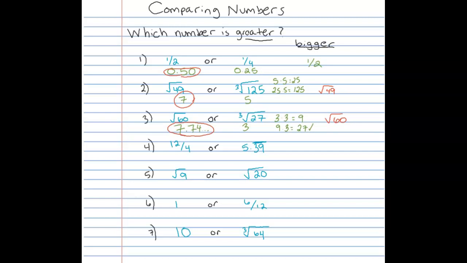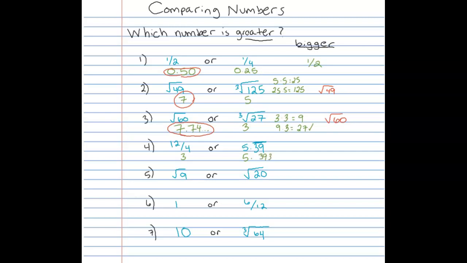All right, number 4. We're done with cubes and square roots for now. 12 divided by 4 is 3. Or 5.39, with a bar over it. You may not be able to see this, but there's a line over it.